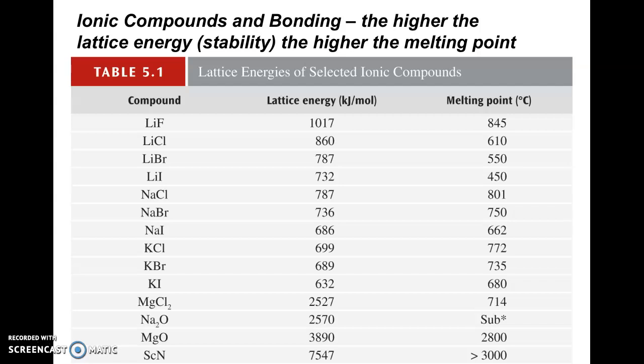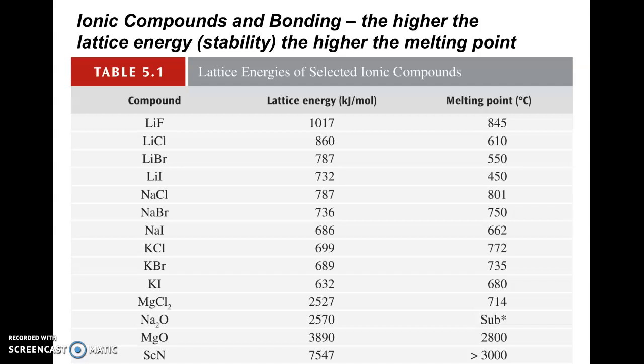The higher the lattice energy, or in other words, the more energy that's released, the more stable the ionic compound is. And because of that, it's really hard to get it to melt, because if we think about what melting is, it's when the various particles come apart, they're not held together tightly, and they can move over one another.